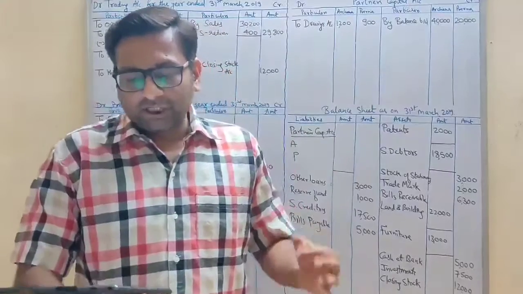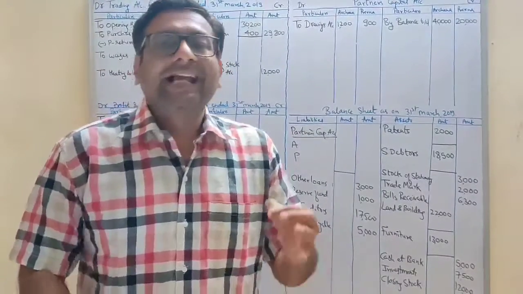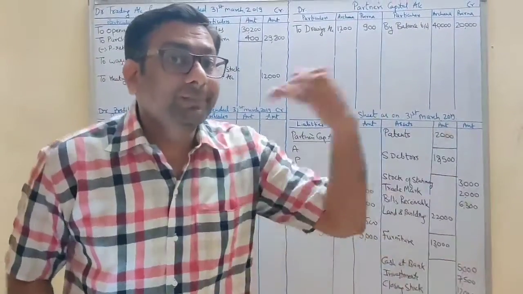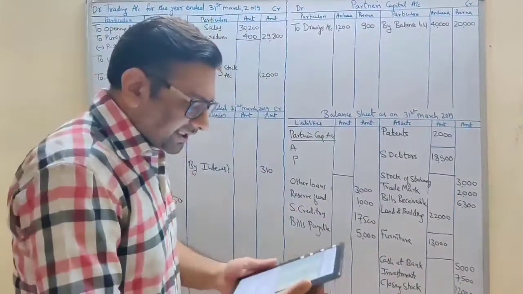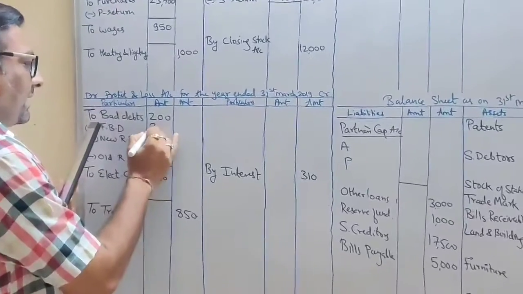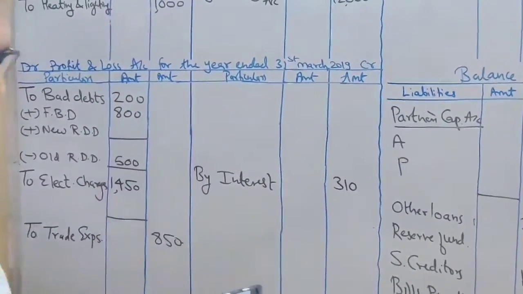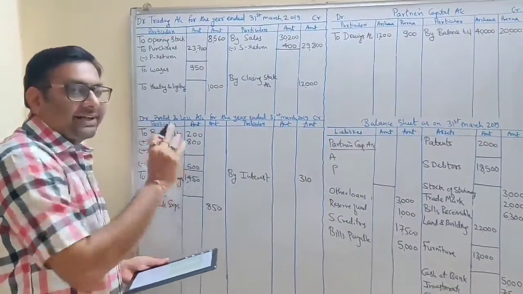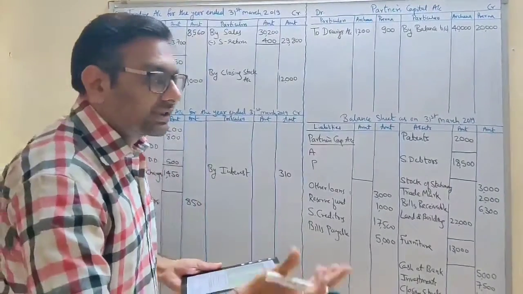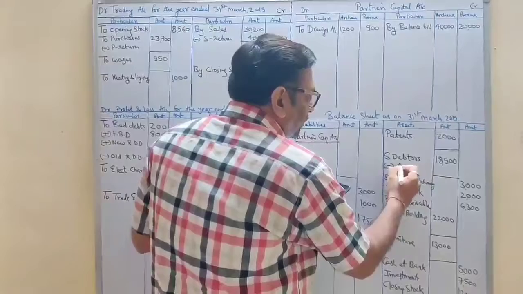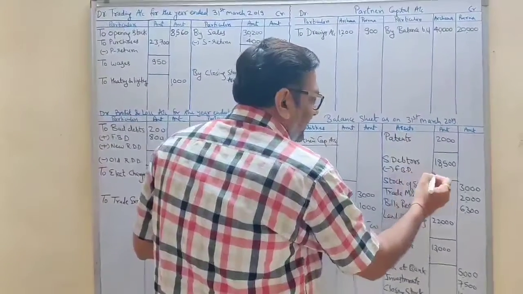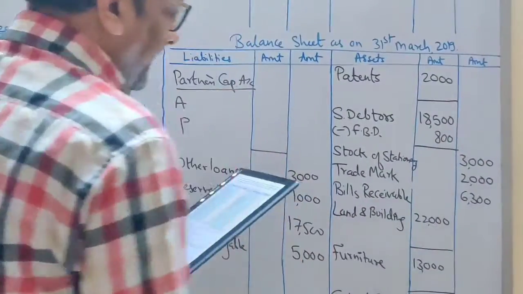Our customer, Mr. Shekhar, failed to pay his dues of 800. Our customer is not paying. If he is not paying, it's bad debts. So this is your further bad debts, 800. Now this is effect 1. Where does the second effect go? In the balance sheet, debtors. From here you minus further bad debts 800.